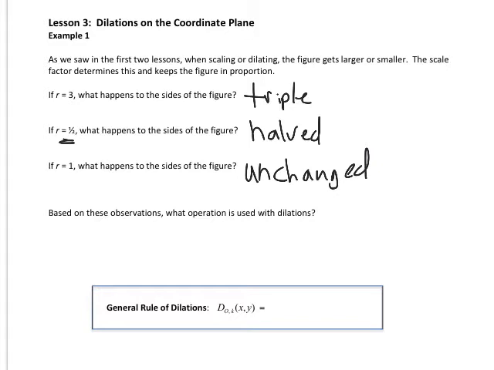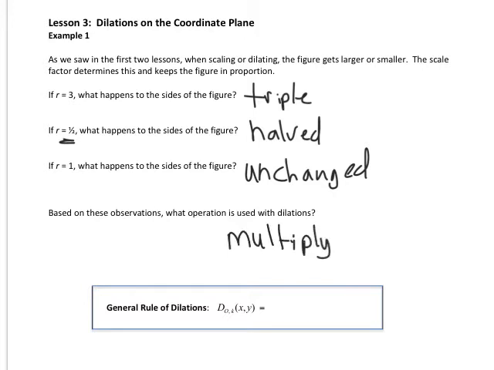So when you think about it, what operation will triple something when my scale factor is 3, or halve it when my scale factor is 1/2, or doesn't change it at all when my scale factor is 1? And hopefully you've realized that we have to multiply distances by a scale factor when we are dilating. So here's our general rule.